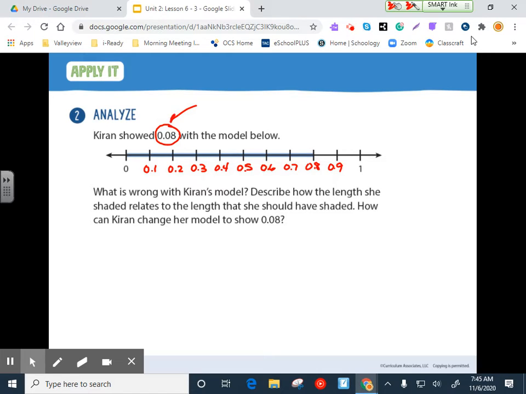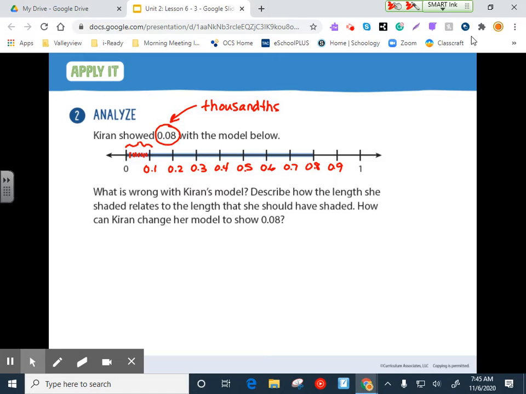However, this is an answer in hundredths. It is 800ths. So what that's actually going to look like, and forgive me for not being able to write it accurately, but you're going to get the main idea. That means we need to take this 10th right here and break it up into 10 parts.